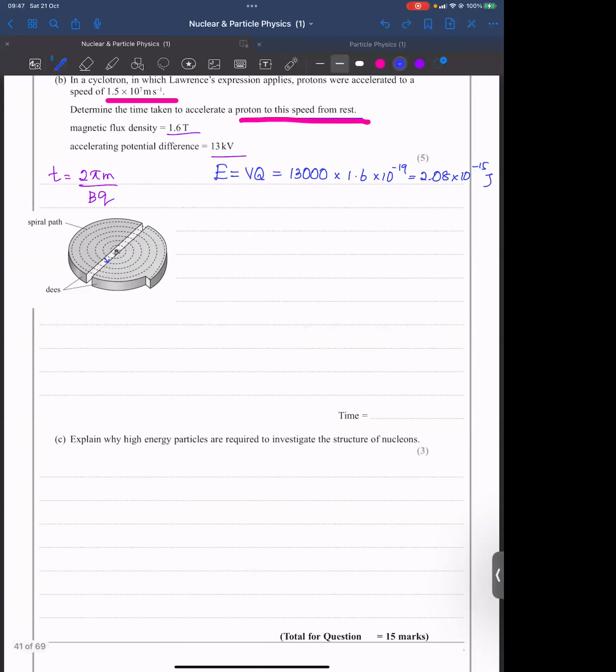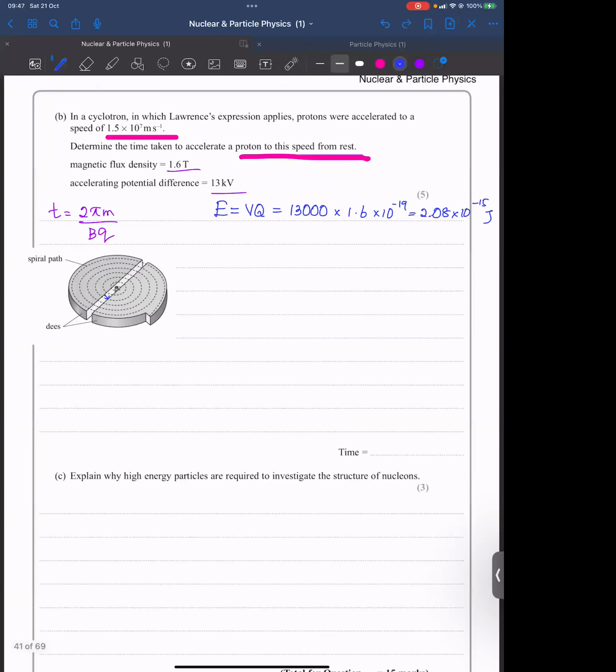The final energy that it has gained, if I take it as E final, that is half mv squared. You know the final speed.